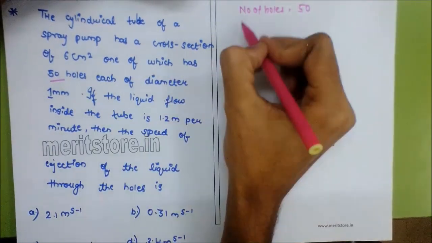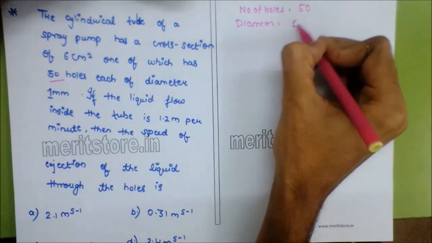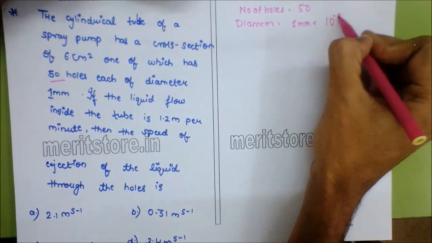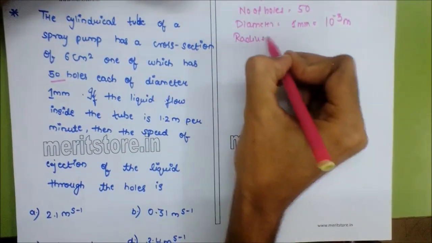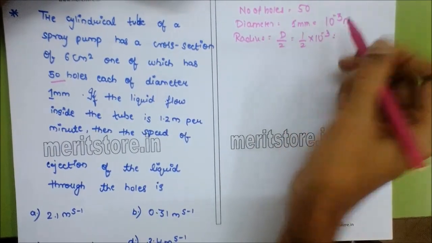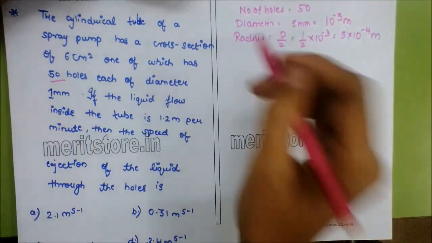Each of the holes has a diameter of 1 mm. We'll convert it into meters, that gives you 10 raised to minus 3 meters. So the radius of the hole becomes diameter upon 2, that is half into 10 raised to minus 3. So that becomes 5 into 10 raised to minus 4 meters. That is the radius.